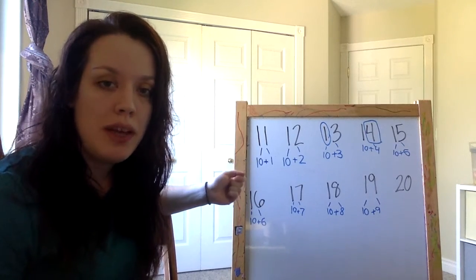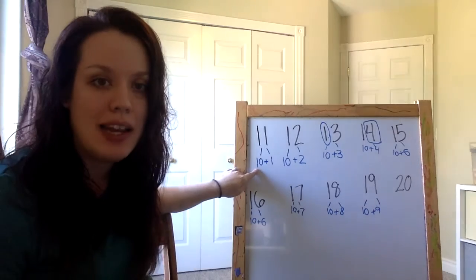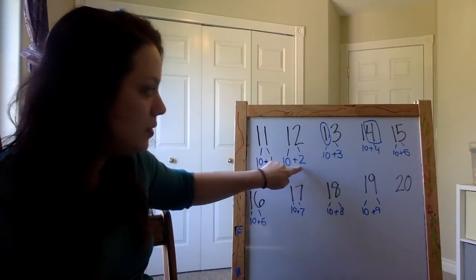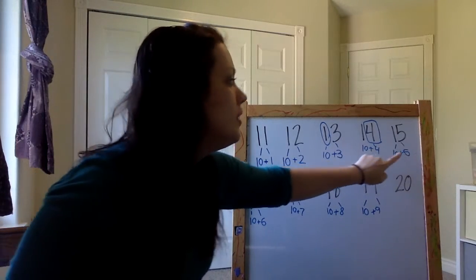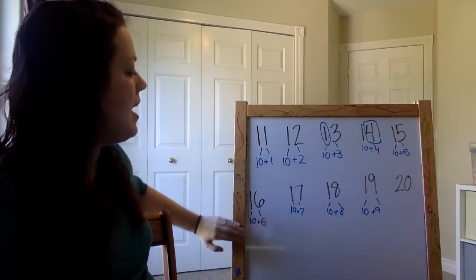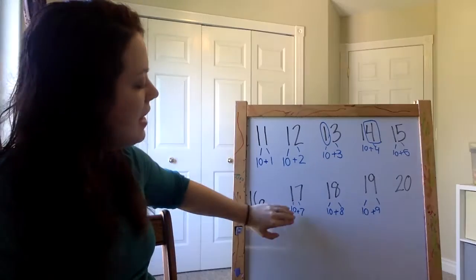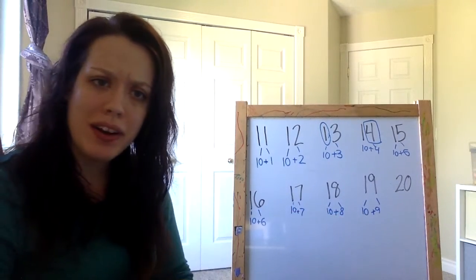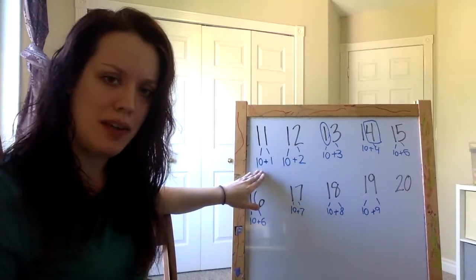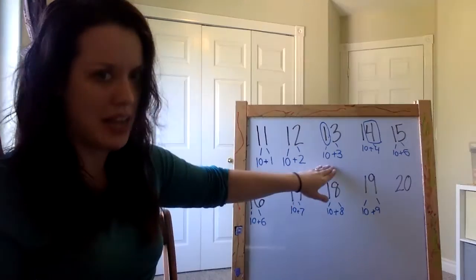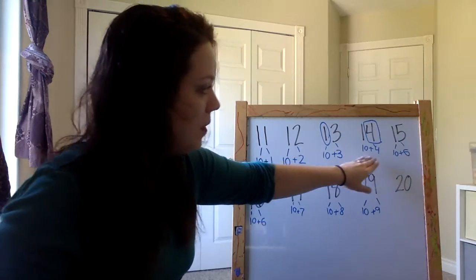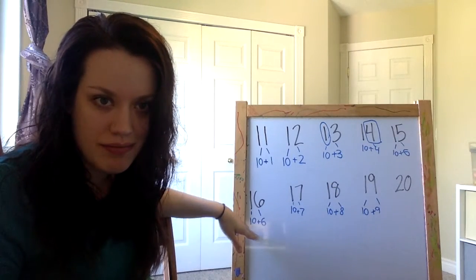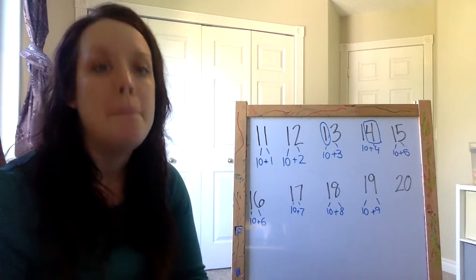That's when it's really important to remember that we are adding up tens. 10 and 1, 2, 3, 4, 5, 10 and 6, 10 and 7, 10 and 8. It would be really weird if we said 10 and 1, 10 and 2, 10 and 3, 10 and 4, 10 and 5, 6. That doesn't follow our pattern.